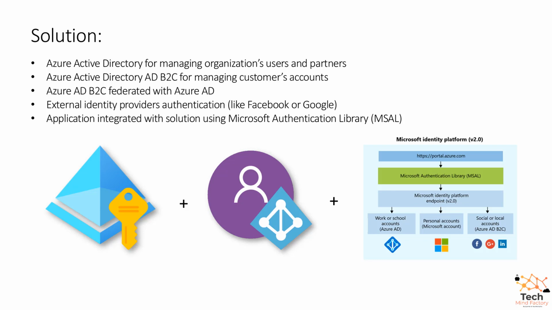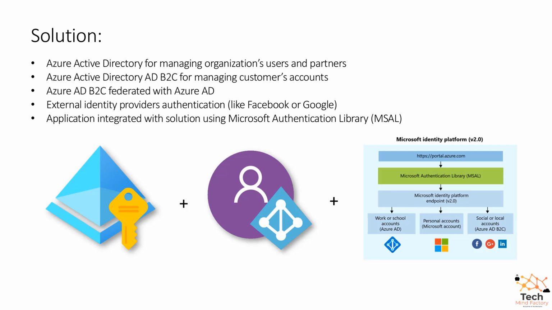Right now, on the left part of this diagram, we can see that there is Azure Active Directory together with Azure Active Directory B2C. That's correct, because we can federate Azure Active Directory B2C with an Azure Active Directory tenant, and then we will be able to provide access for different kinds of users.